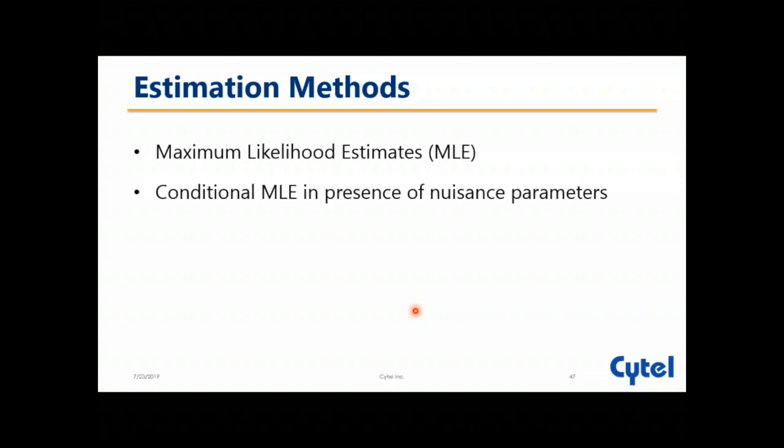Among disadvantages of using only maximum likelihood estimate is we cannot get the conditional inference. When we simply use maximum likelihood estimate, for unstratified data, we get unconditional inference.